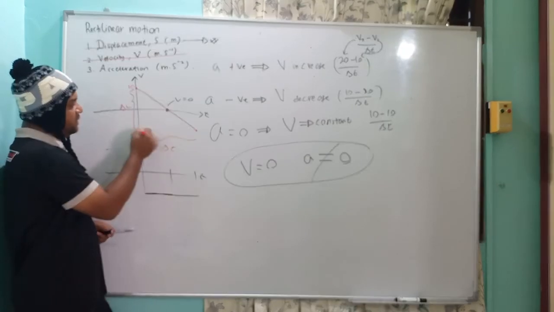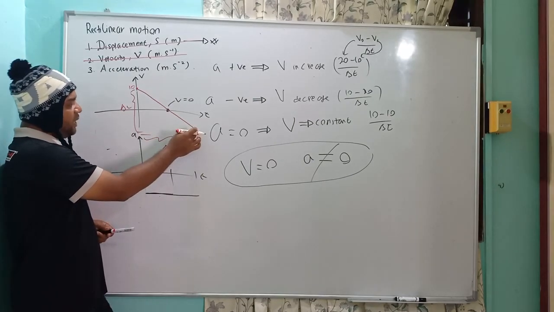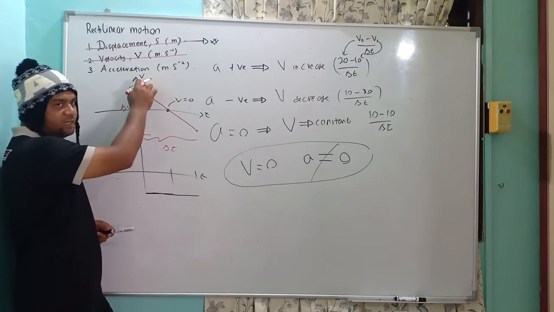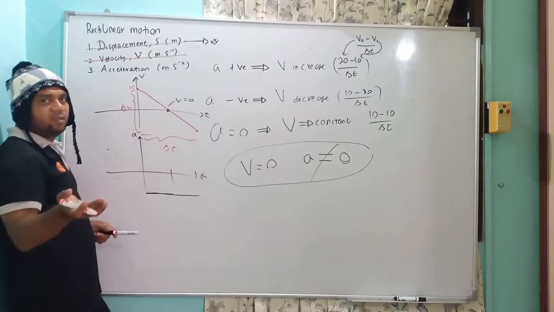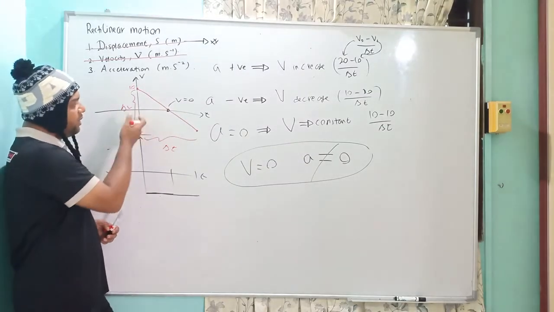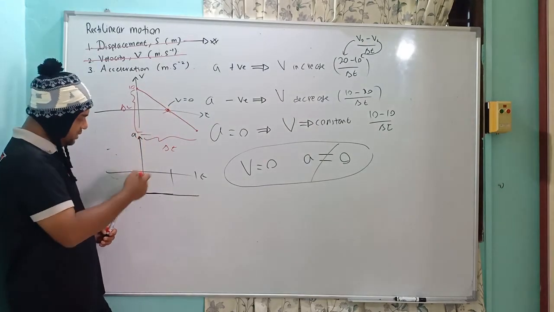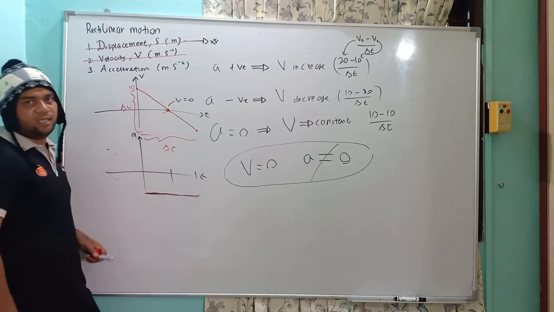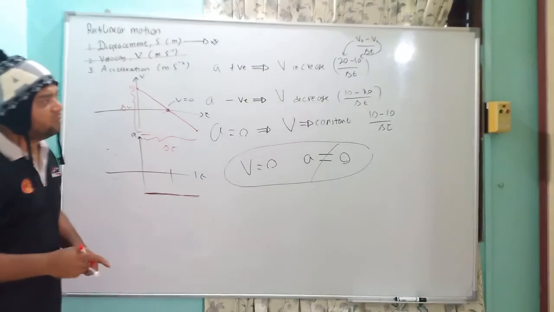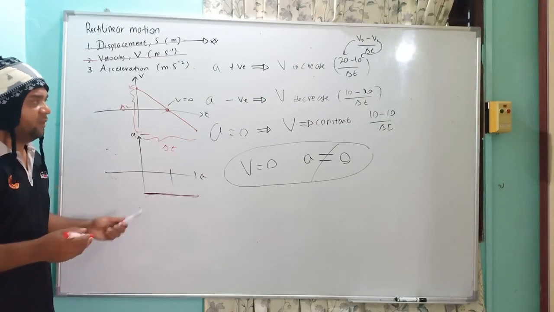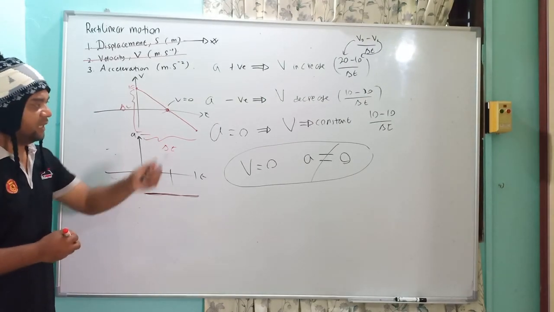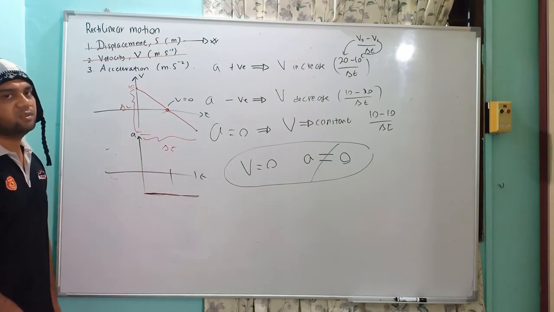And here, if this is 10, 10 minus 10 minus 10, we still have minus 20. So anywhere we calculate, even though V is 0, there will still be a value for acceleration. There are some conditions where V equal to 0, but the acceleration is not equal to 0.